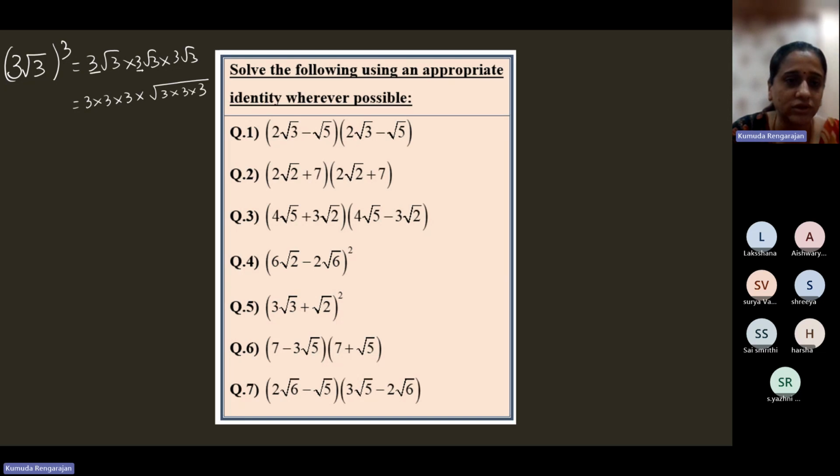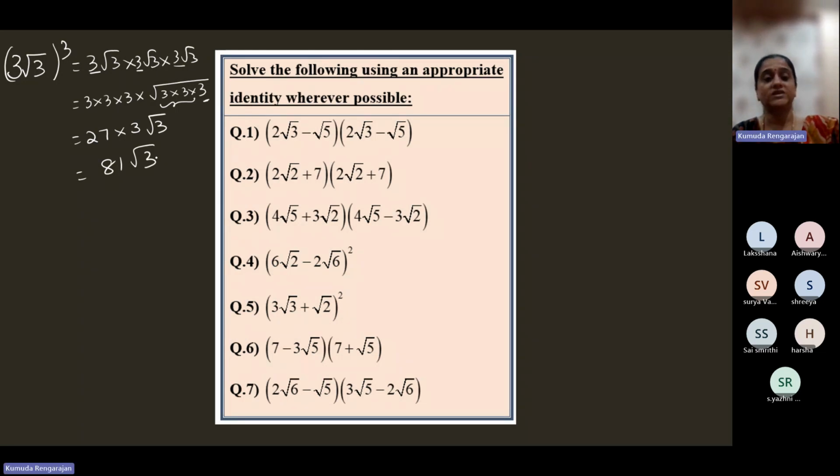Now this is 27. And from these two 3's, one 3 comes out of the square root, and this 3 remains under the square root. So the answer is 81 root 3.